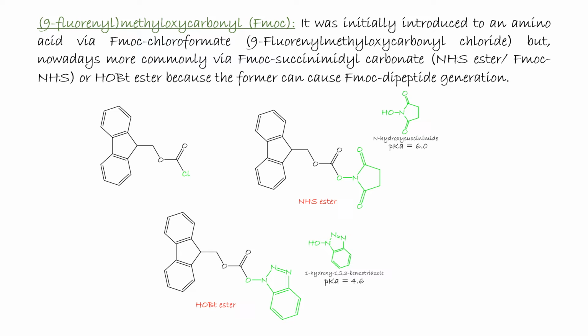Also, 9-fluorenylmethoxycarbonyl, Fmoc, was introduced to an amino acid via Fmoc chloroformate, 9-fluorenylmethoxycarbonyl chloride, but nowadays more commonly via Fmoc succinimidyl carbonate, the NHS ester, Fmoc-NHS, which can be prepared from the acid with N-hydroxysuccinimide in the presence of a carbodiimide coupling reagent to form the NHS ester.